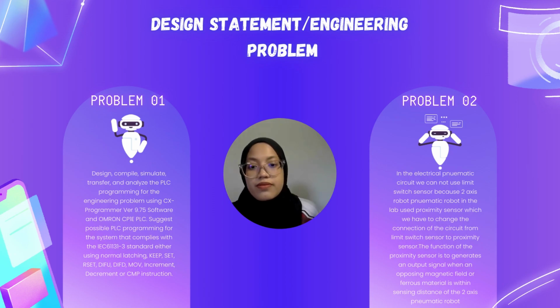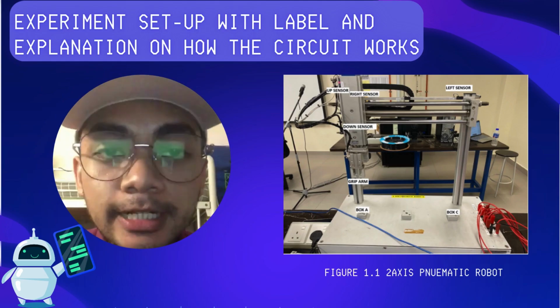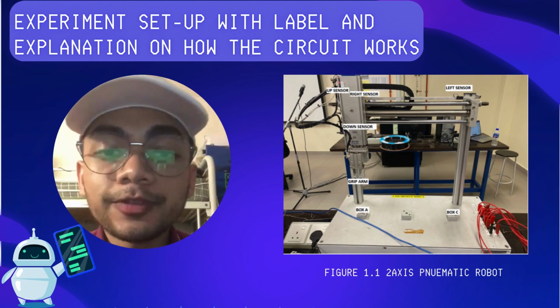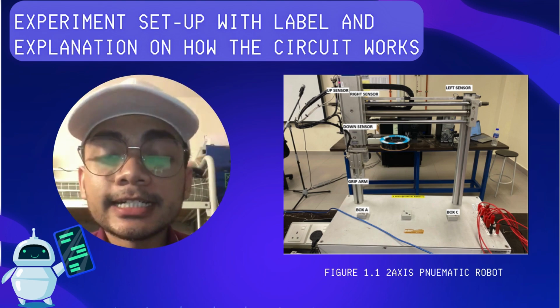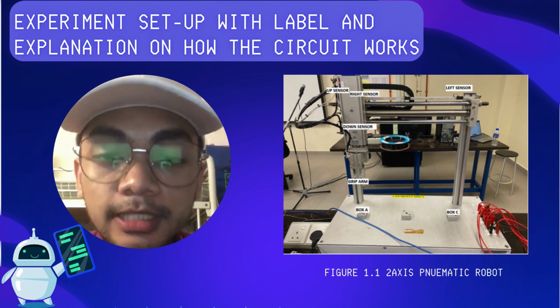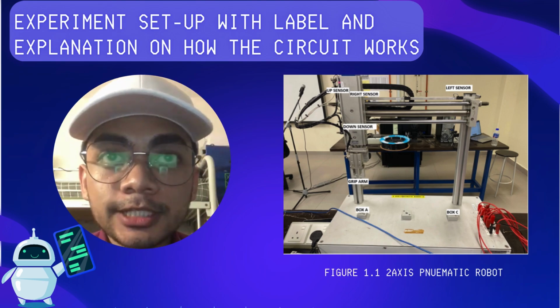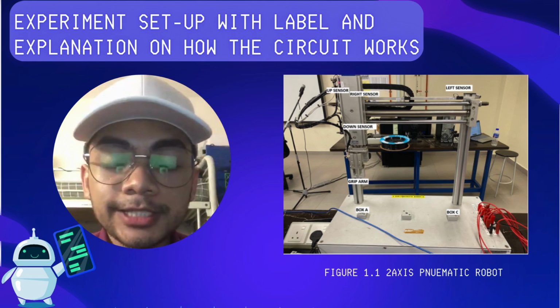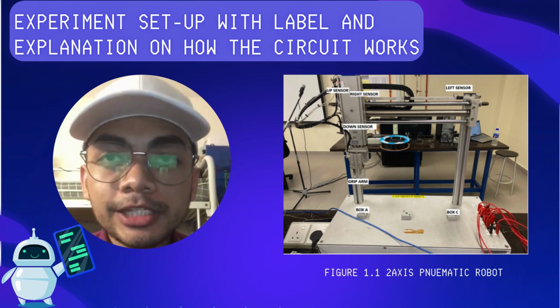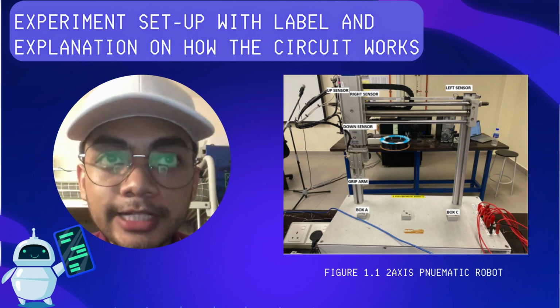That's all. So for the experiment setup, from figure 1.1 you can see the two-axis pneumatic robot. This robot has four sensors, which are the up sensor, down sensor, left sensor, and the right sensor. Each sensor has a different address.